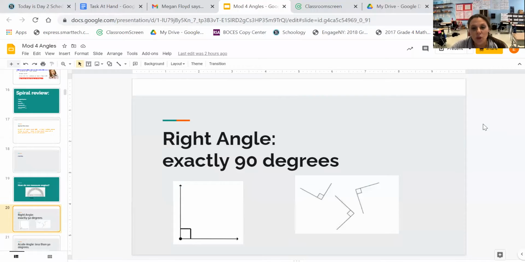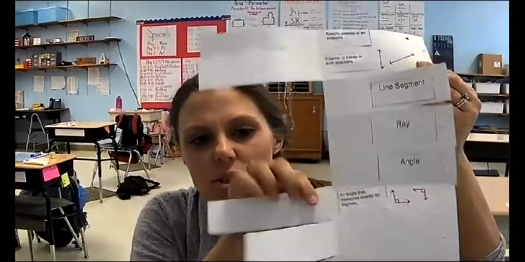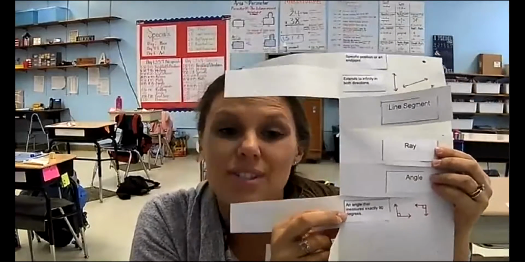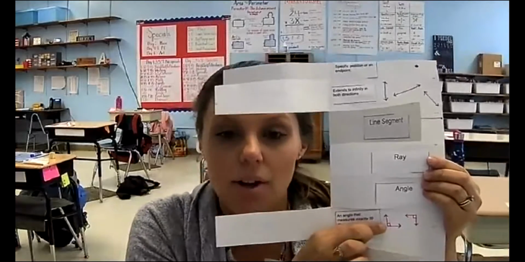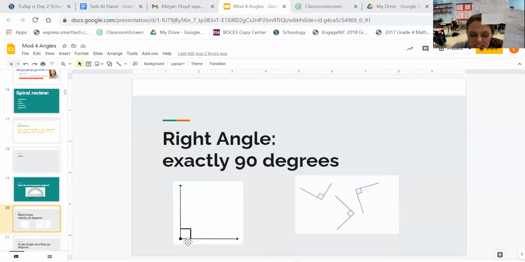All right, friends. So what you did was you glued right angle on your paper, and then underneath you put our definition, which is an angle that measures exactly 90 degrees. And then hopefully you showed more than one way that you can see a right angle. I want you to notice that in the right angle, let me show you real quick, there's typically this little box.